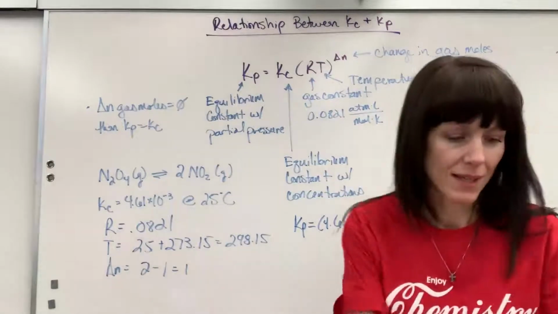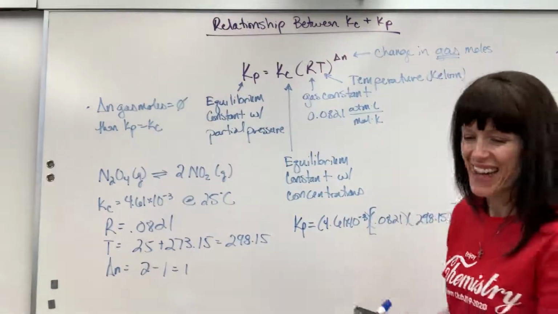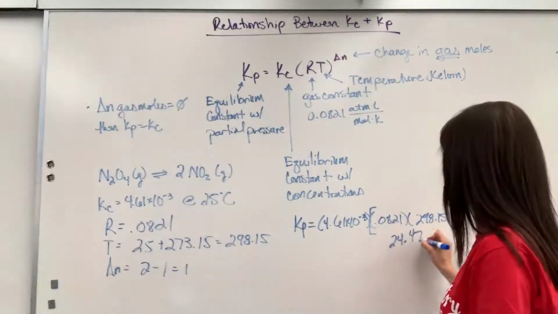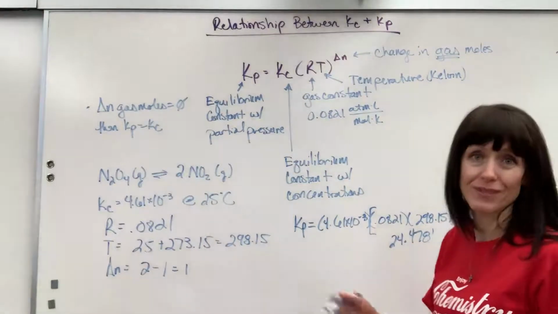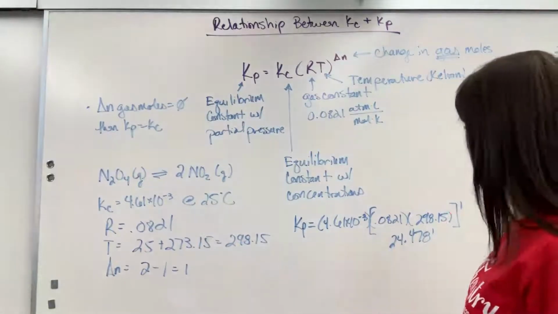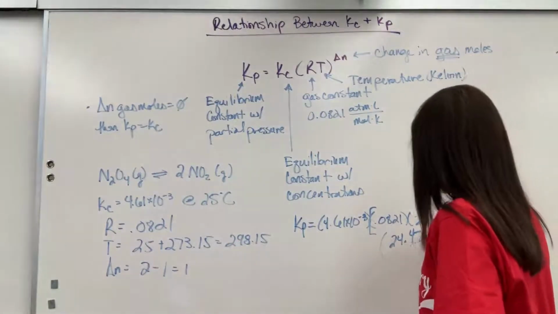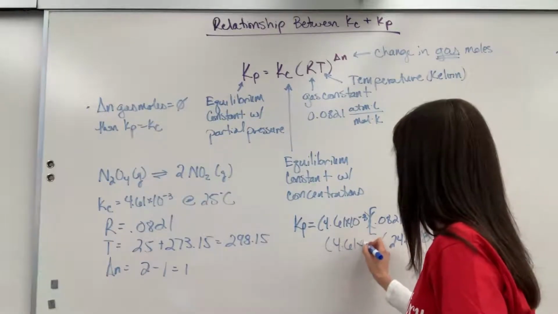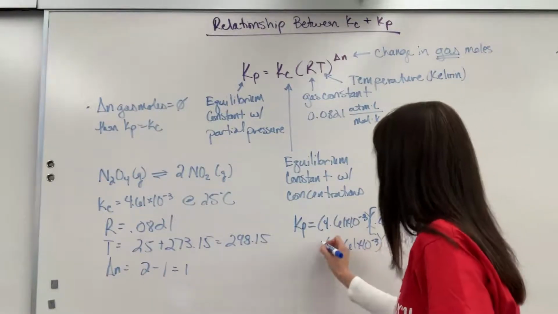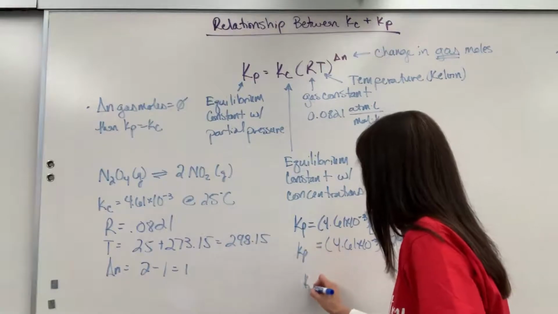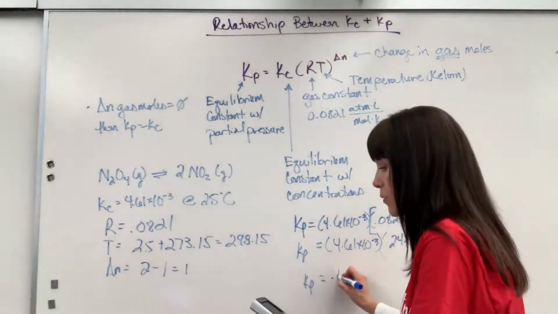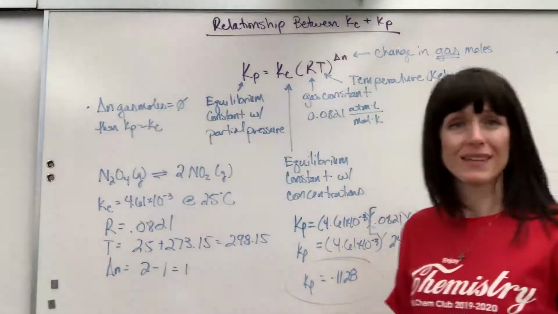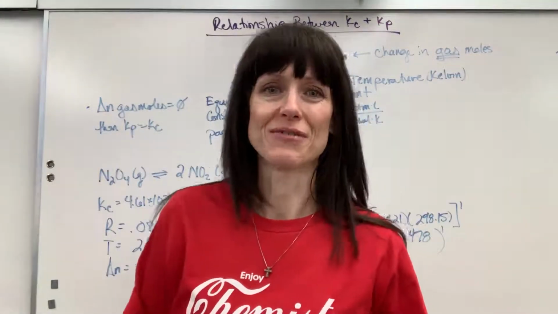So when we multiply this, we get 24.478 raised to the power of 1, which is just 24.478. So take that, I'll leave that 1 out there, and multiply it by the 4.61 times 10 to the minus 3, and we get the Kp value is 0.1128. Okay, nice. Still less than 1, still showing that it's reactant favored.